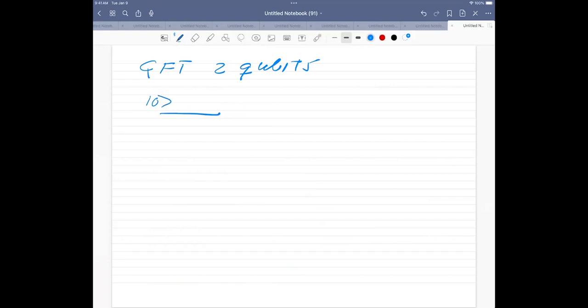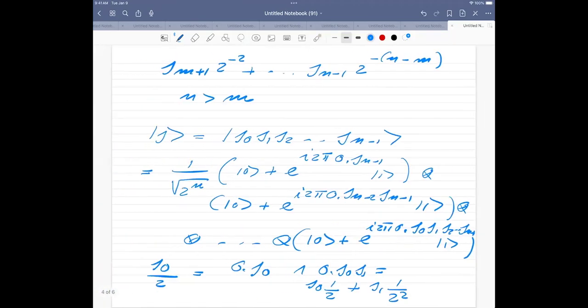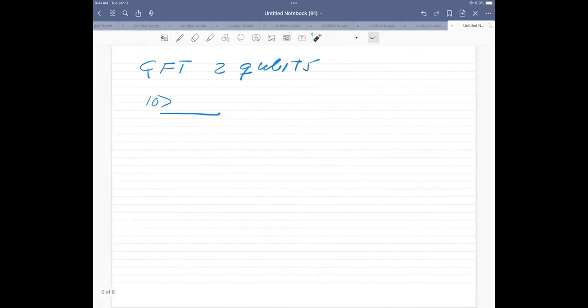So suppose now you have qubit 0. And we know that the first operation, which we have, if we look back here, is normally represented by a Hadamard gate operating on the first qubit. So if we take this expression, we can write this as a Hadamard gate acting on it.